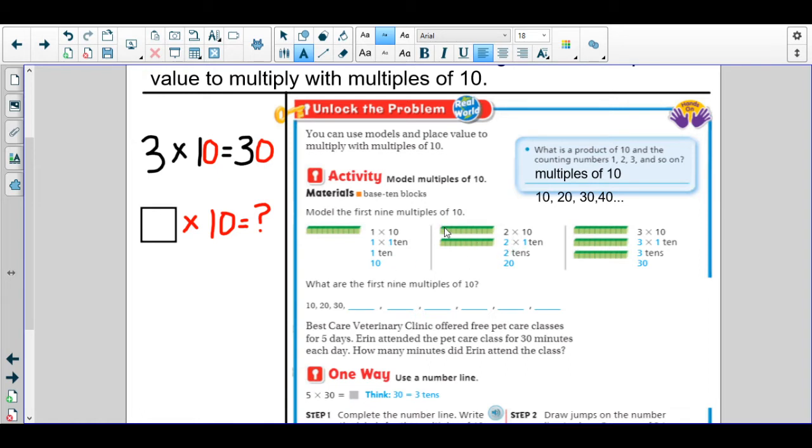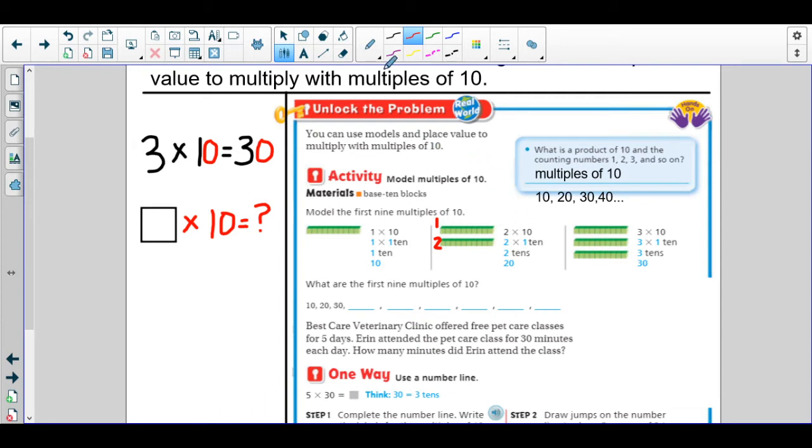All right, I have 1 and 2. I have 2 tens, and 2 tens is equal to 20. Right here I have 3 tens. All right, so 3 times 1 grouping of 10. So here's 1 grouping, here's 2 groupings, and here's 3 groupings. So 3 tens is 30.